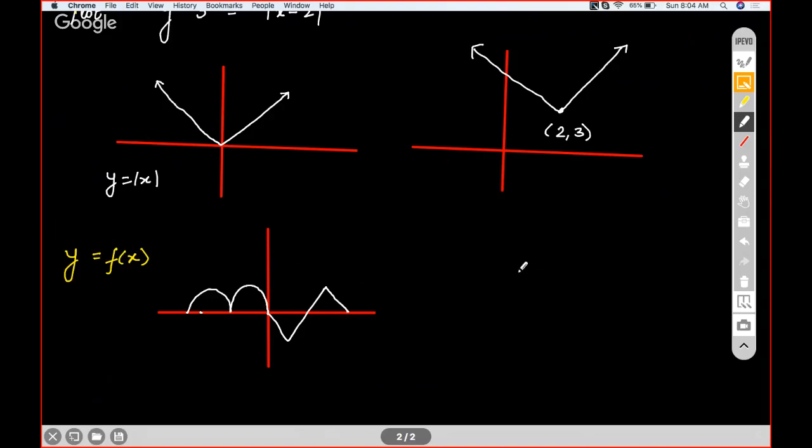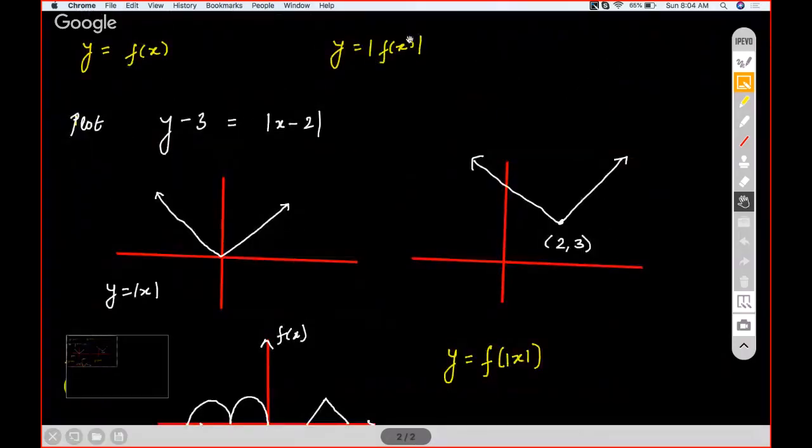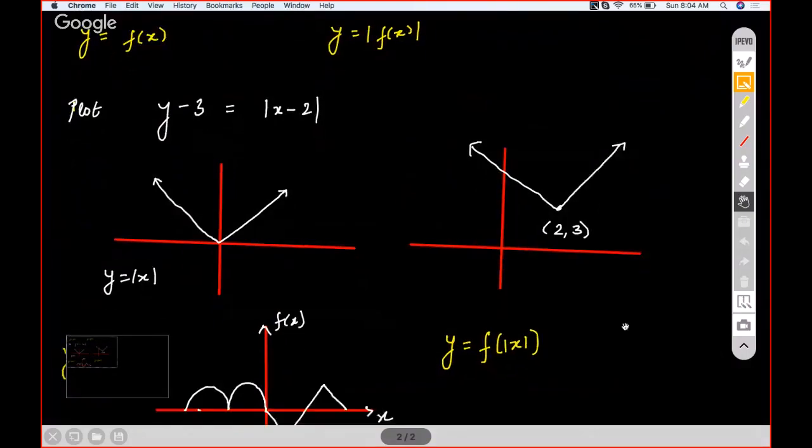Now, what effect will this function undergo if I just mod the x part of it, not the entire thing? So there's a difference between modding the whole function and modding just the x part.